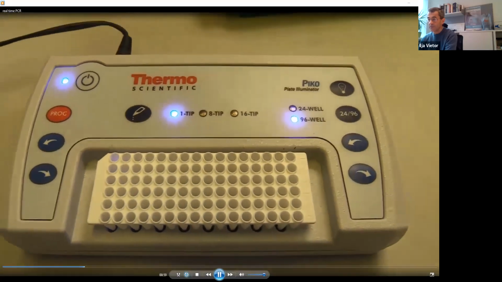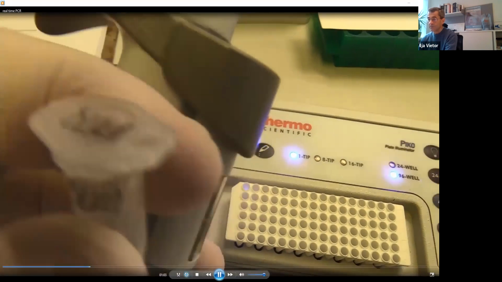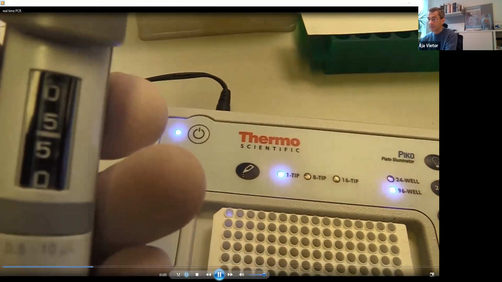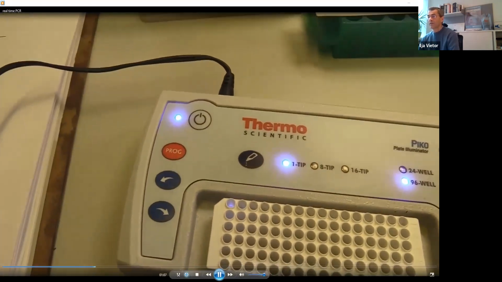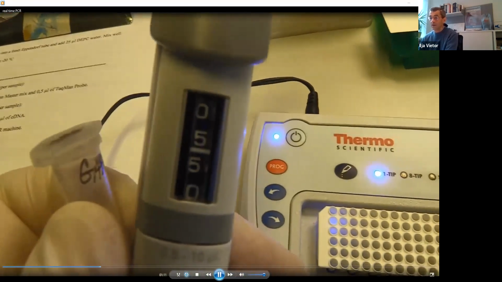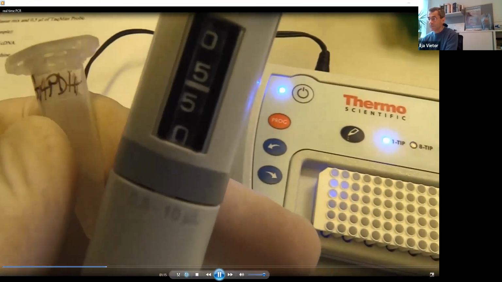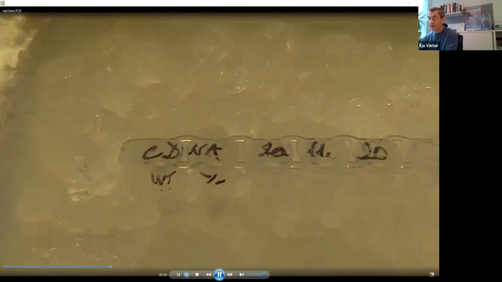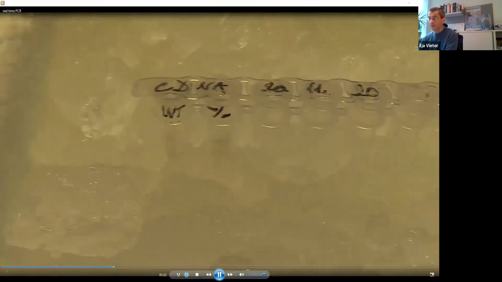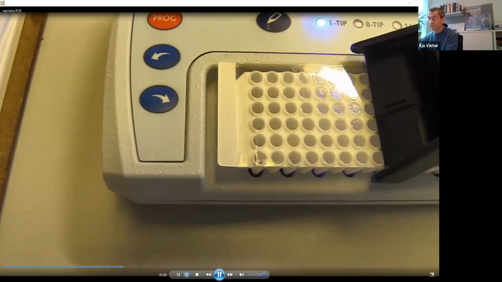So always one sample, and then you go to the next. First is the master mix for DLK1, 5.5 microliters, and the second is for GAPDH, always 5.5, that's the master mix. And then our samples, the cDNA, which you have seen in the previous video, how they were generated. There we have used 4.5 microliters.